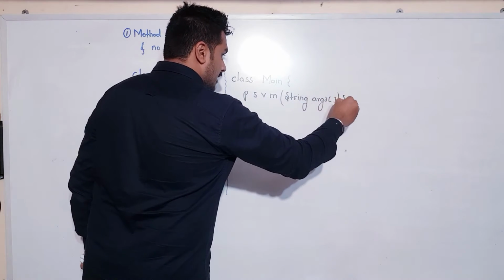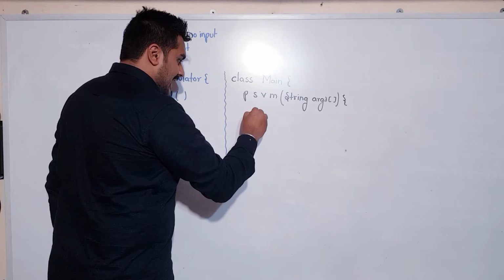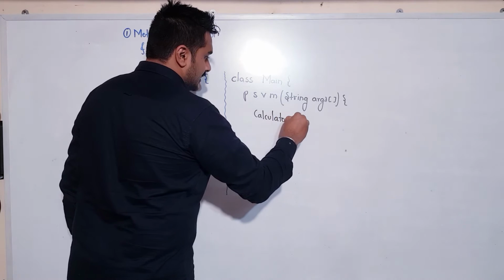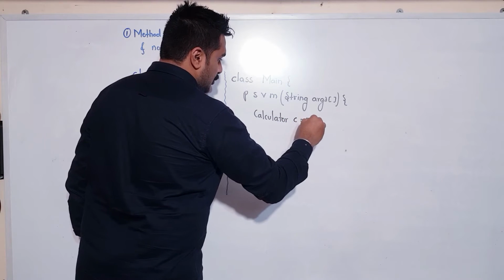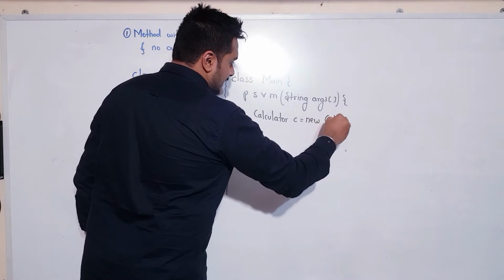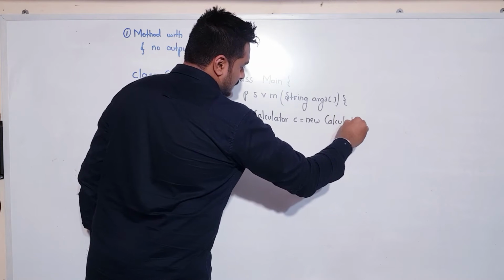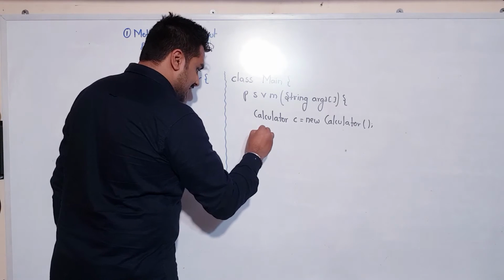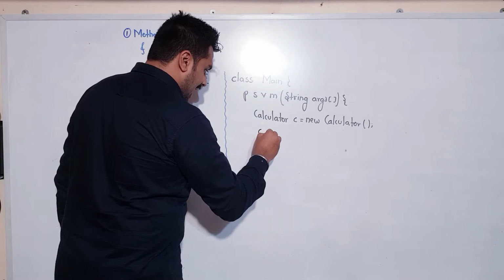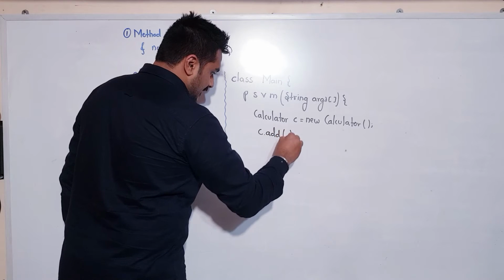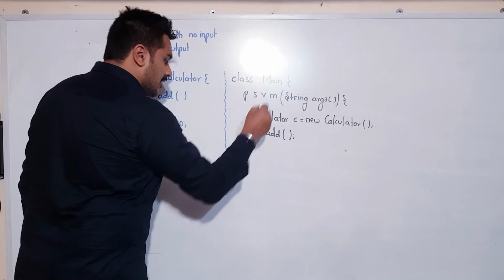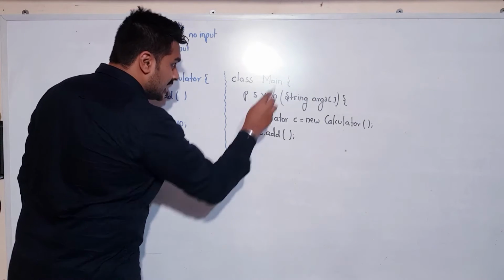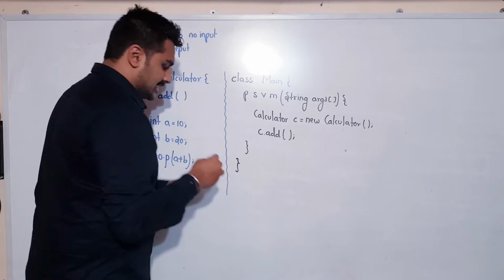Inside this, I will write Calculator c = new Calculator. After which I will use the handle c and write c.add, the function I will be calling. Beginning of the function, closure of this function, beginning of the class, closure of the class.